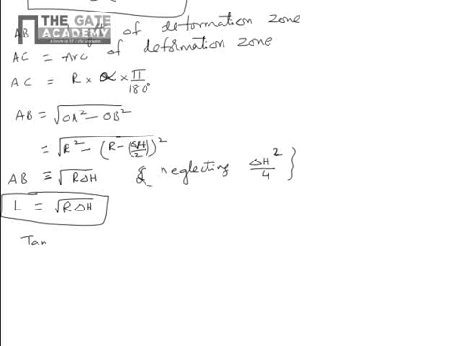Similarly, from the diagram, tan alpha equal to AB by OB. AB is the length of the deformation zone, square root of R delta H, divided by OB, R minus delta H by 2. Simplify it, you will get delta H equal to R tan square alpha.